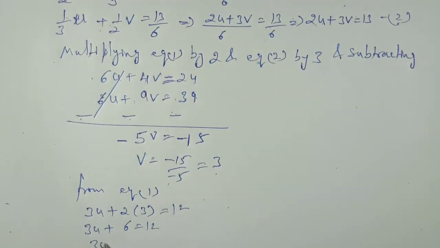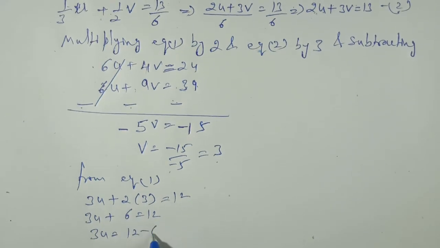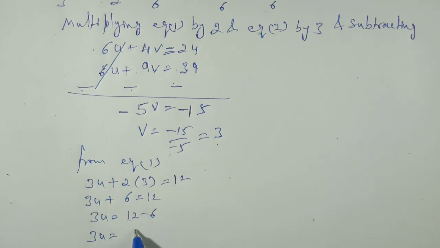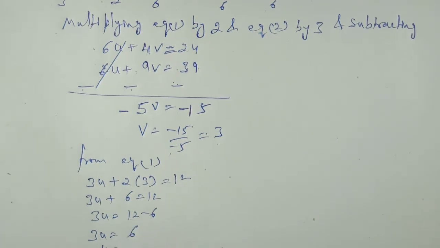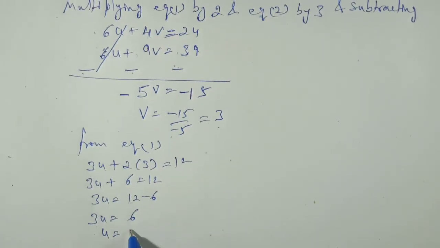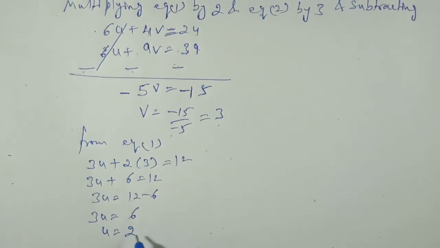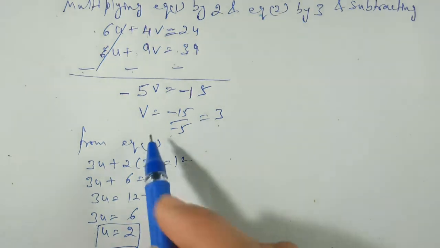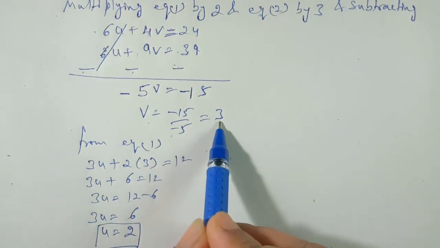Take 6 to the other side. This will give 12 minus 6. So 3u equal to 12 minus 6, which is 6. So u is equal to 6 divided by 3. This will give 2. So the value of u is 2 and the value of v is 3.